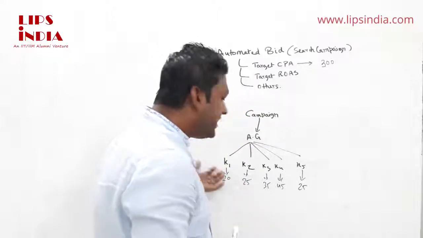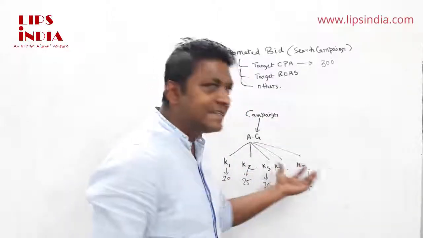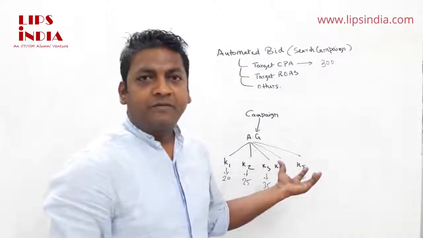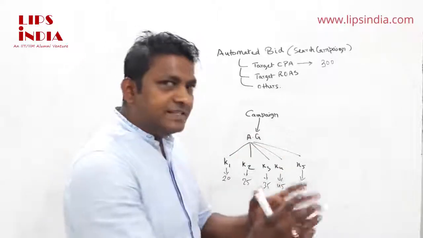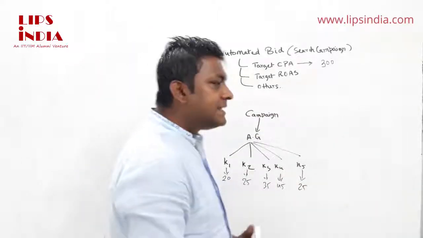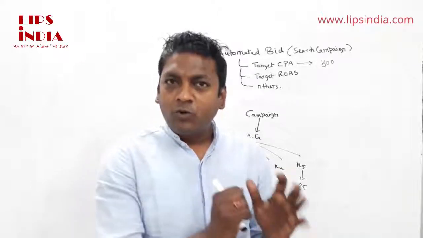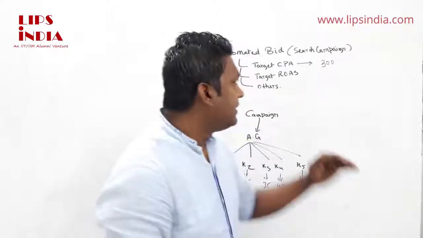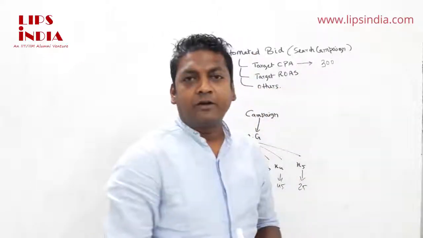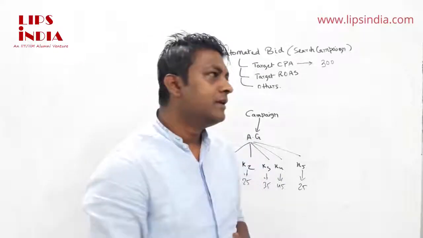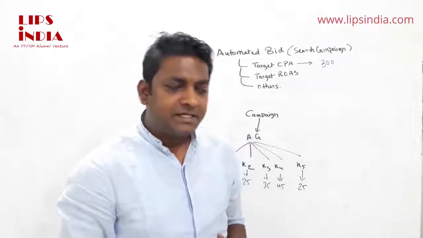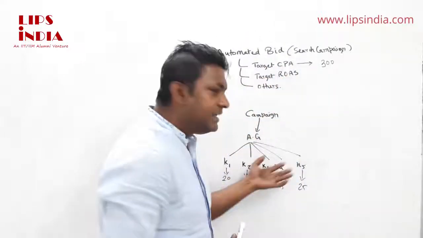However, when you bid yourself, you bid on all these keywords because you've chosen them as a part of your ad group. But when you leave the same on a target CPA bid method and you leave it for Google to decide, and you've set a target of 300 rupees for Google as a CPA target, what Google's algorithm does is it analyzes the past conversions with respect to these keywords.